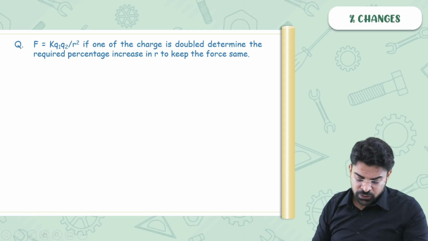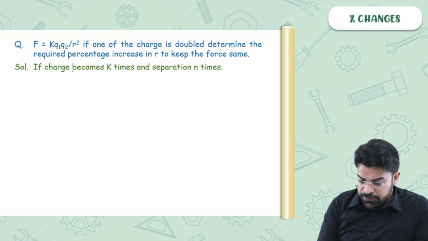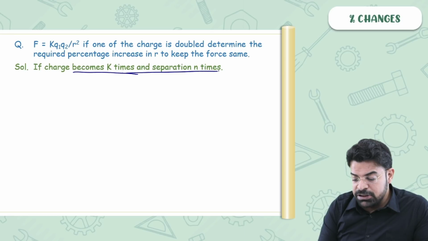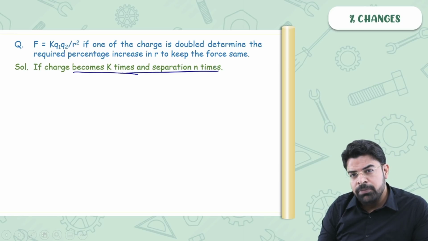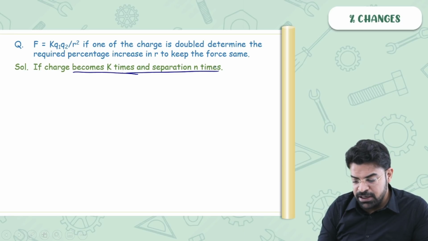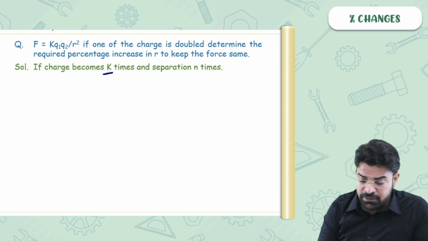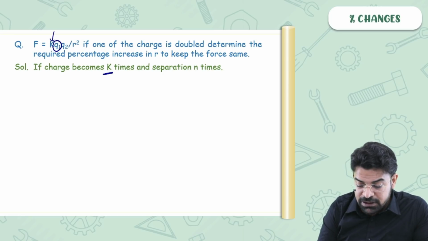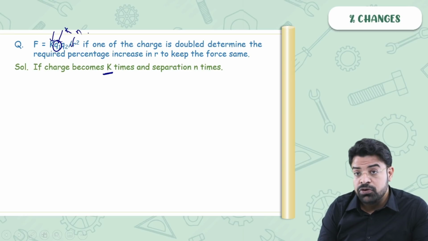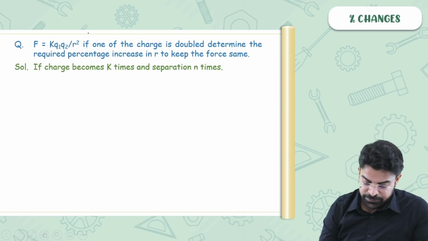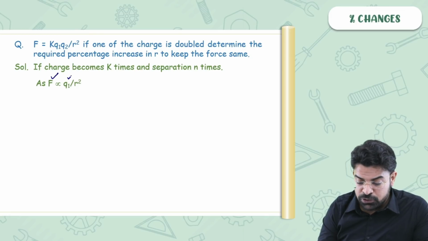So let's say, if charge becomes K times and separation becomes N times, force will become how many times? Do not confuse this K with the K of Coulomb's law. This is what we are saying. So let's see. We know that the force is proportional to charge upon R square.